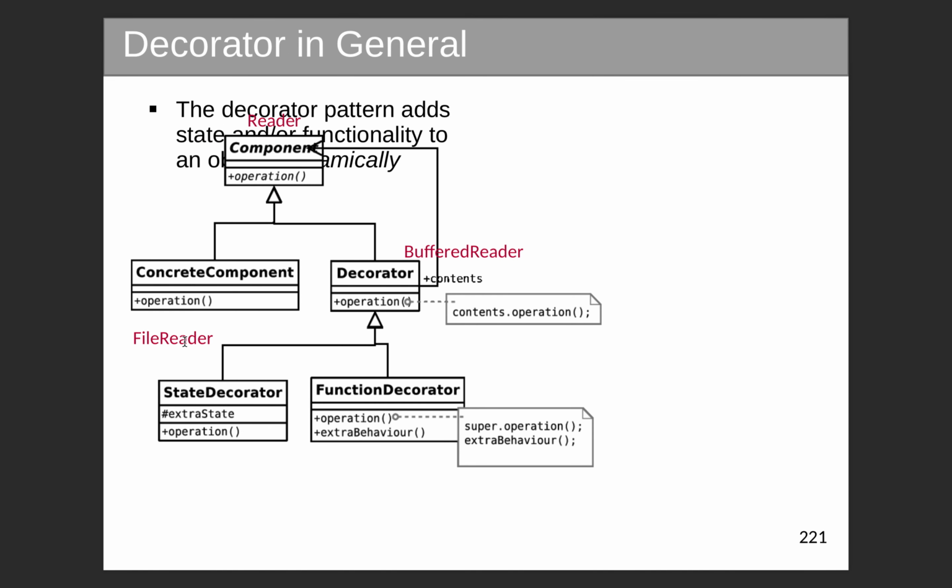Another thing you might have is a file reader, which gives you a reader from a file on disk. So if my file wasn't compressed, for example, I could just create a new file reader and use that directly. Then I took that concrete component, which extends reader, so it is of type reader, and I decorated it with buffered reader. What buffered reader does is it also implements reader, and you can see there's an arrow saying that buffered reader contains an instance of another reader.